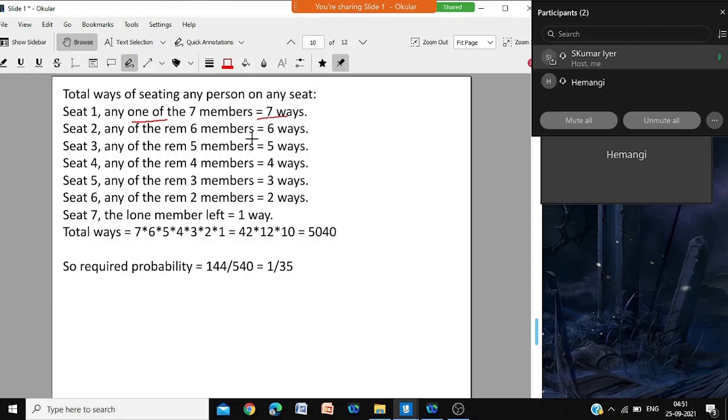For the next one you will have 6 members left. 6 ways. 2 members allotted, now 5 are left. So you have 5 choices, you can put any of the 5. So like this, the last one there is only 1 way because only 1 member will be left. So to accommodate all the members, the first member and the second member and the third member, and we multiply, getting total is 5040.